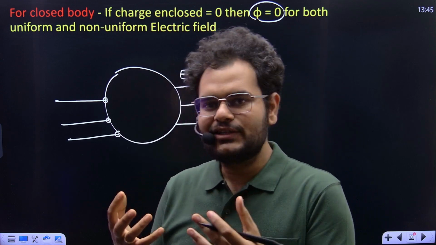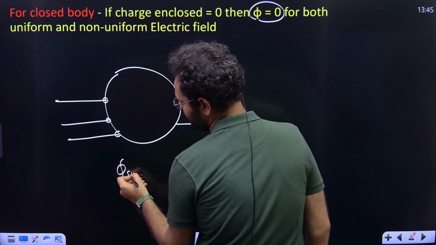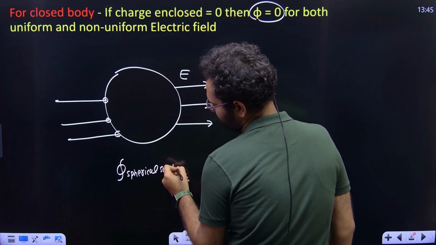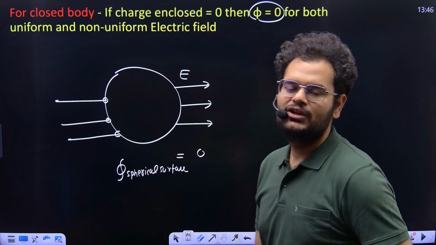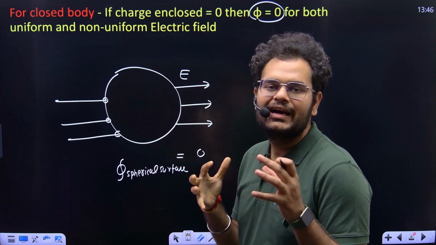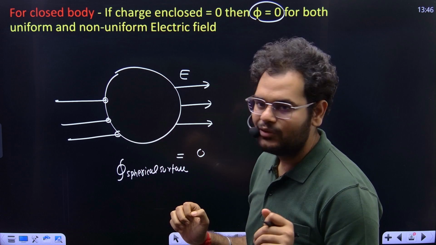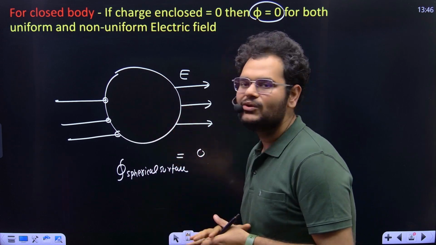If someone asks you what is the flux through the spherical surface, what is your answer? I will say the answer is 0. Why 0? What is the definition of flux? Gauss law, Q upon epsilon naught. Is there any charge inside? No charge is there. No charge means flux is 0.